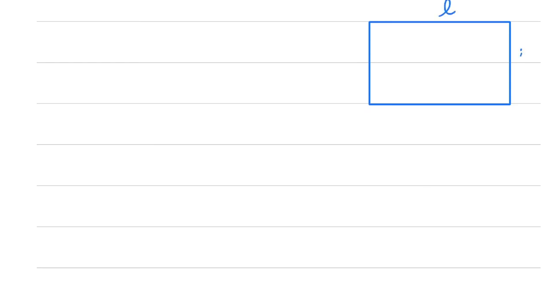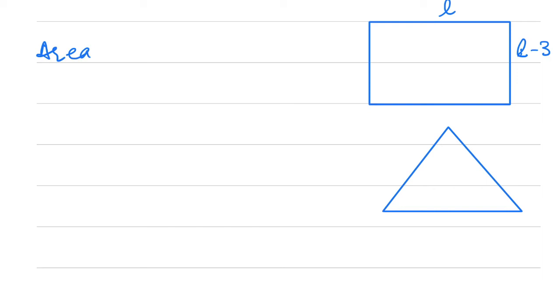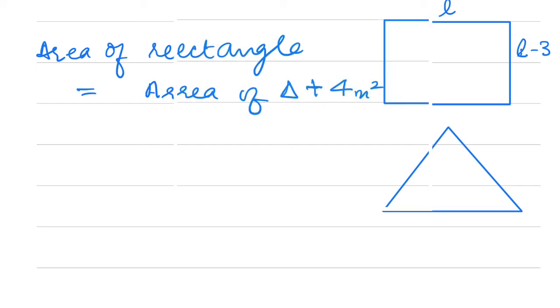This is length and this is length minus 3 meters, and its area is 4 square meters more than the area of the park that has already been made in the shape of an isosceles triangle. Area of rectangle is equal to area of triangle plus 4 square meters.